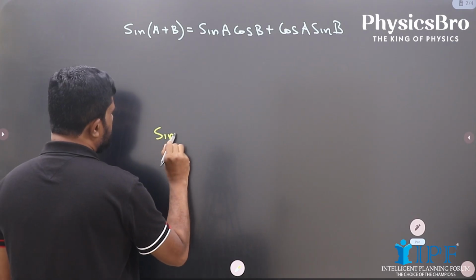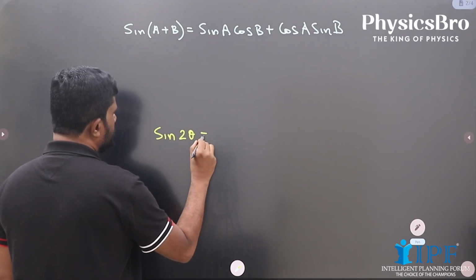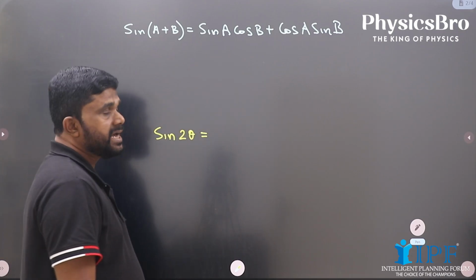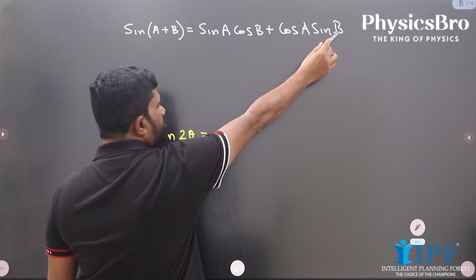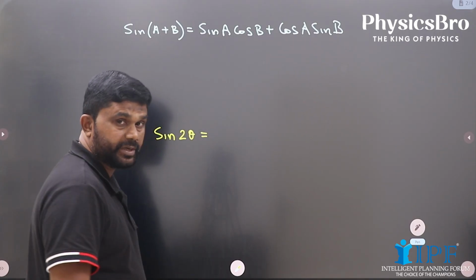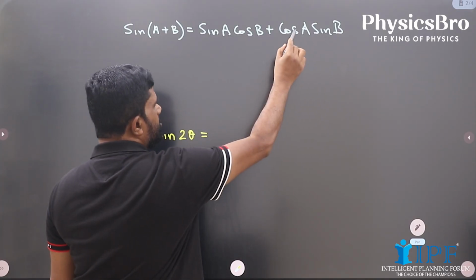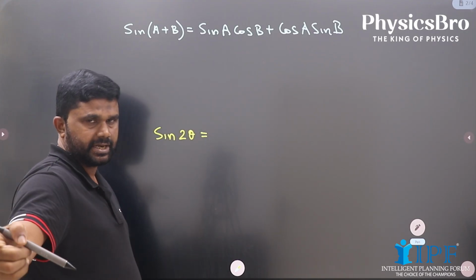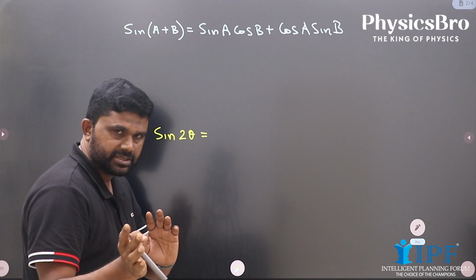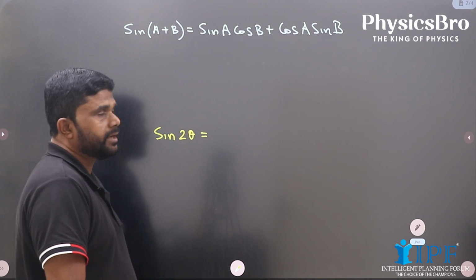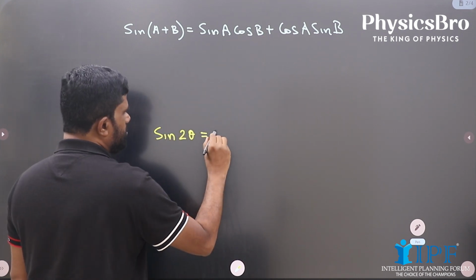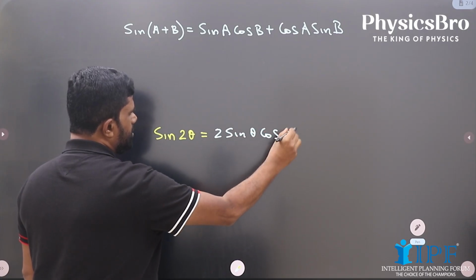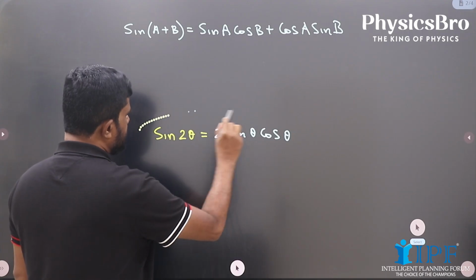The first term will be sin theta cos theta, and the second term will be cos theta sin theta, as we replace both A and B by theta. Cos theta sin theta is nothing but sin theta cos theta. So we get sin theta cos theta plus sin theta cos theta, that is 2 sin theta cos theta. That is sin 2 theta.